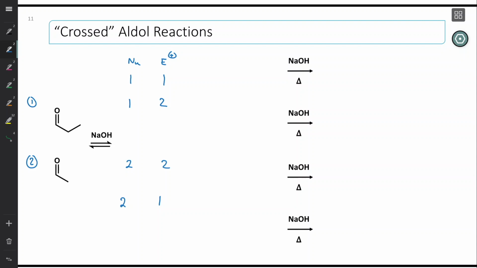I urge you to draw these always the same way. So I always like to draw my beta hydroxy like this, and then kind of fill in the pieces after, right? So if this is a 1, I have a group here and an ethyl here. This is a 1 attacking a 1. Now let's do a 1 that attacked a 2. So that's just a methyl group.